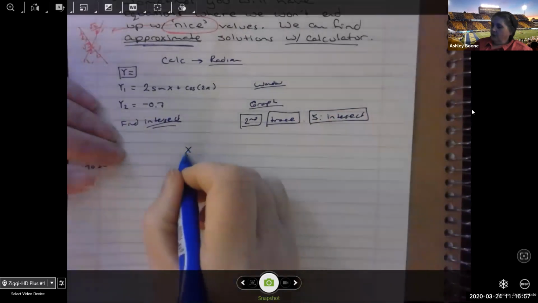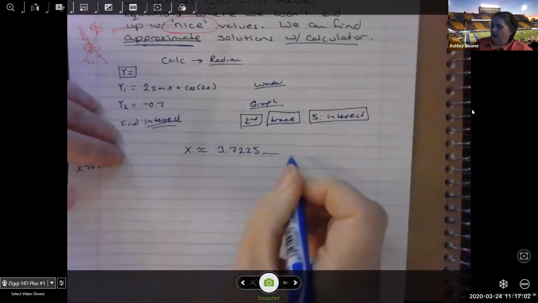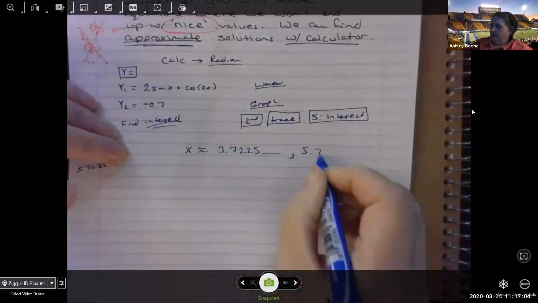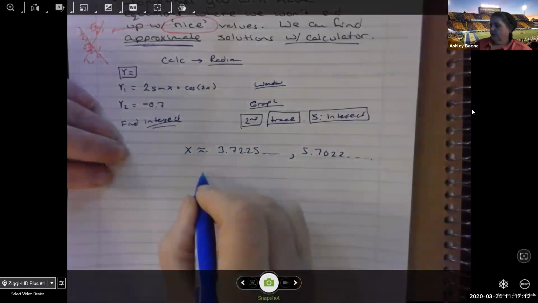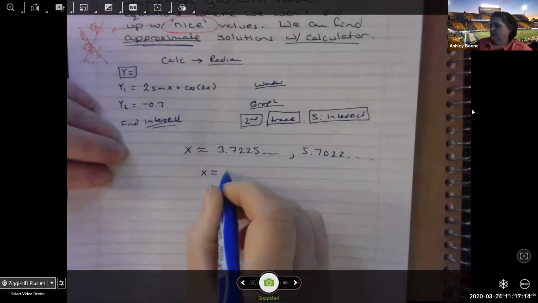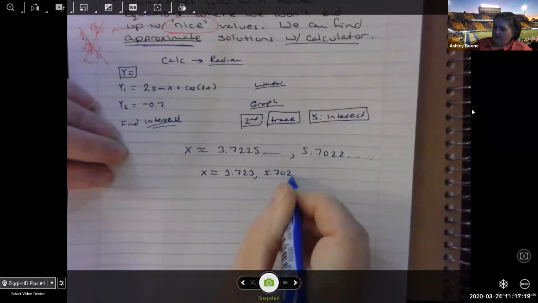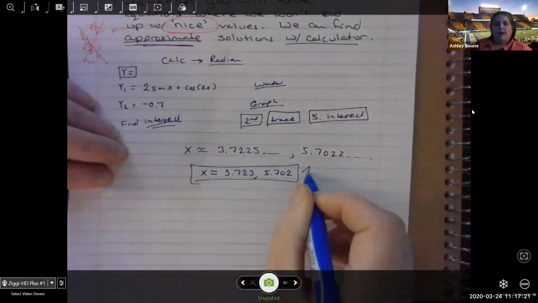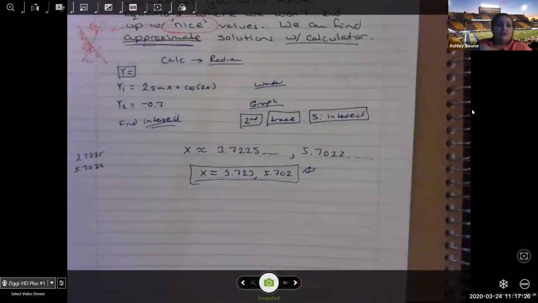Our values were 3.7225 and it went on, and 5.7022 and it went on. Round to however many decimals you're asked to round. Lots of times we'll say 2 or 3. So if we went 3 decimal places, these would be our approximate solutions. We had 2 solutions on that interval. So we can use our calculator. It'll be rare that we have to, but we can use our calculator as we go through.